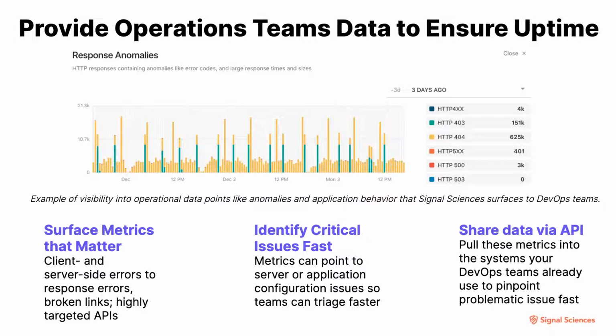These data points can point to critical issues either in your application's business logic or server configuration, and help teams triage issues faster. We also built our APIs so these metrics pull into the systems your operations teams already use. Other WAF and RASP vendors don't have APIs for the metrics and provide little detail in their UI.